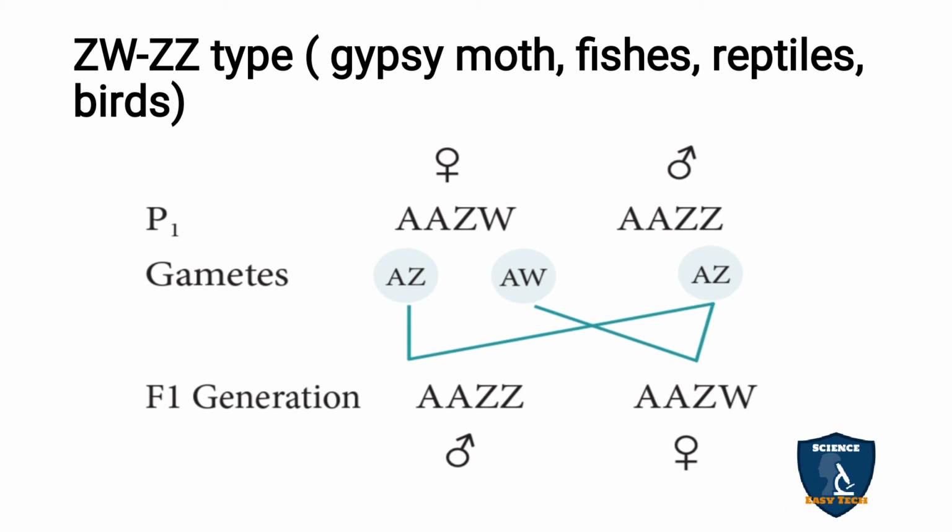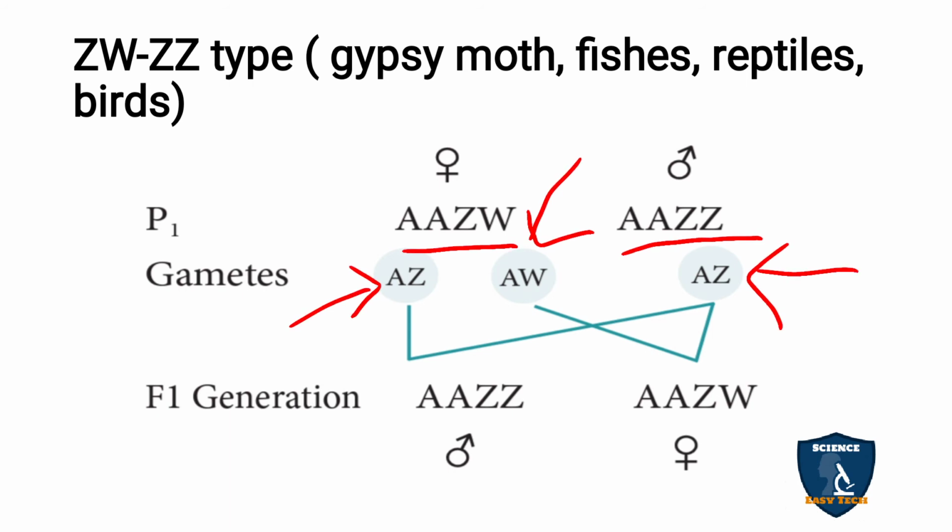ZW-ZZ type is seen in gypsy moth, fishes, reptiles and birds. Here the male and female parents are crossed: AAZW is crossed with AAZZ. In gamete segregation, AZ and AW are formed from the female, because it is heterogametic with two types of gametes, and from the male parent we get AZ, one type of gamete.